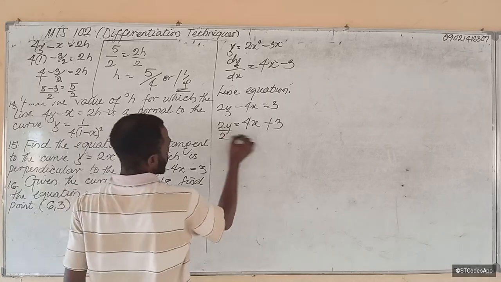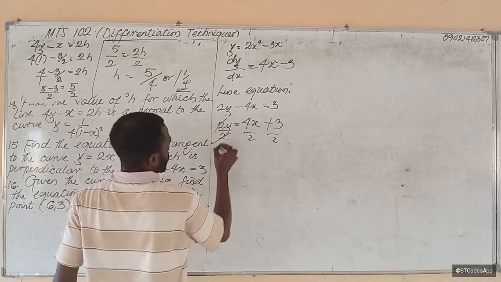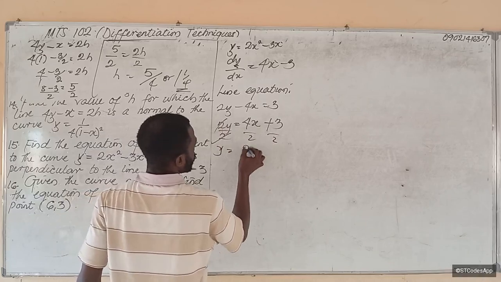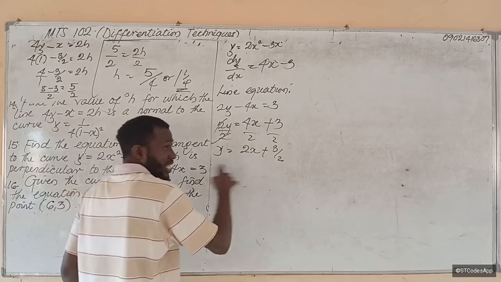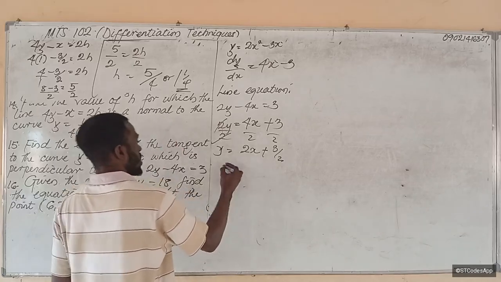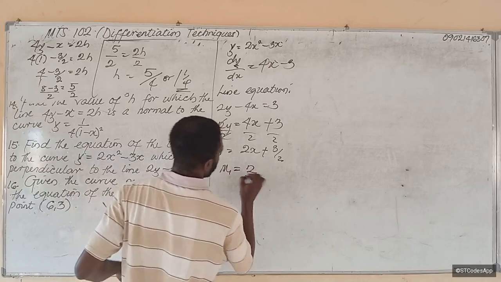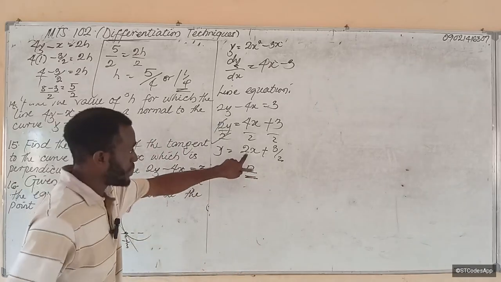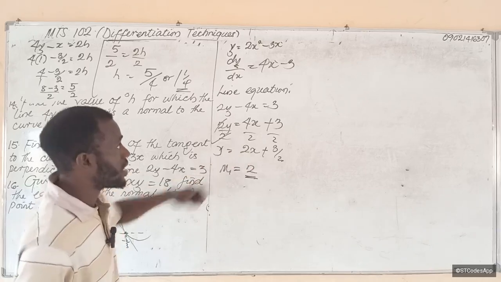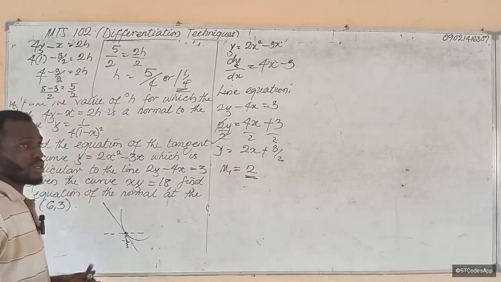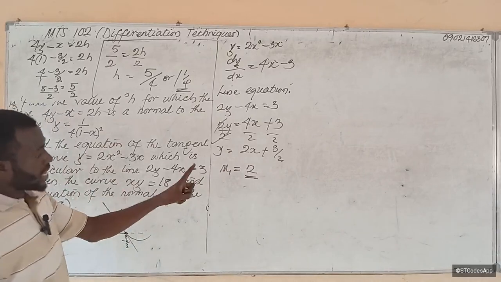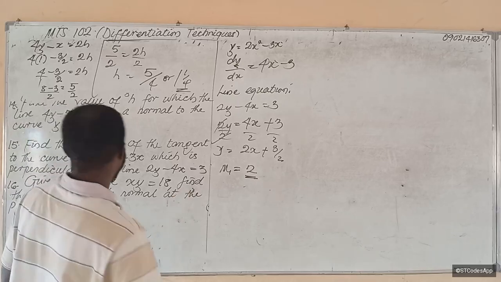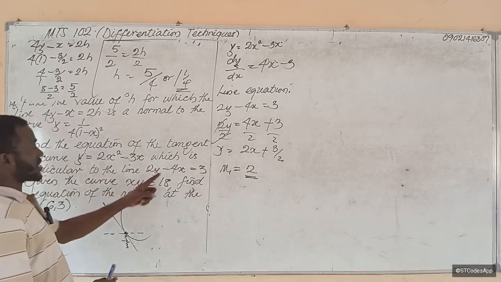We now divide through by 2, so y will be equal to 2x plus 3 over 2. So the gradient of our line that is perpendicular to that, gradient M1, is 2. This looks like our original basic equation of line, y equals mx plus c. So M1 is 2, and it says that it is perpendicular to this line.